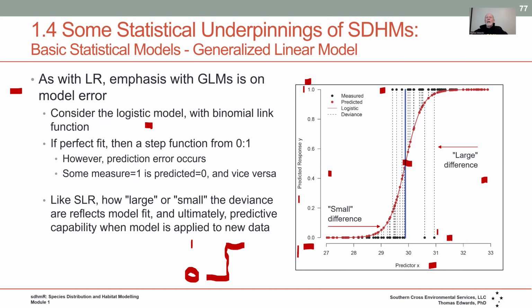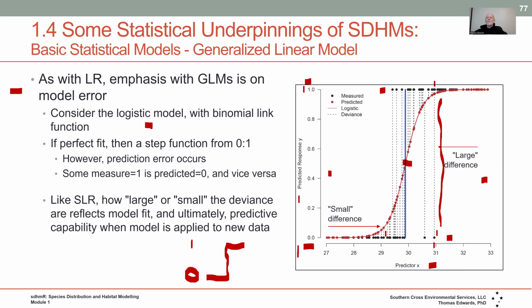So what we have here is an observed down here of 0, but its predictor value of 31 says it should be up here in what is classified as a 1.